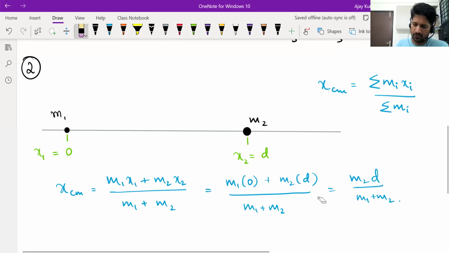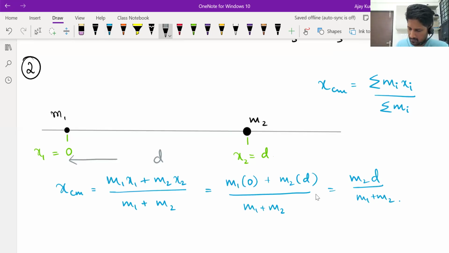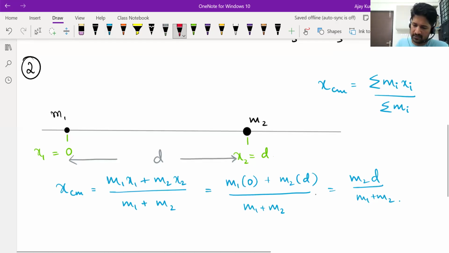Okay, listen. Observe this carefully, all of you. D is the distance between the two particles. And we find that the x coordinate of their center of mass is m2d by m1 plus m2. Now observe that result.